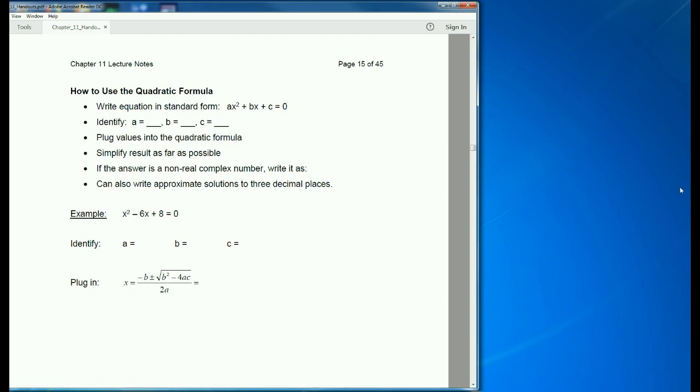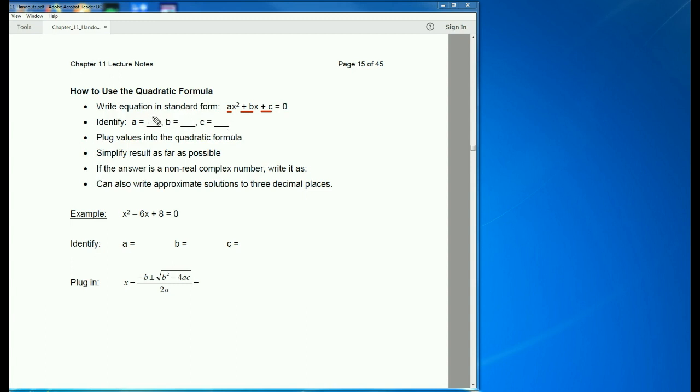How to use the quadratic formula. So again, you have to start with your equation in standard form. And remember, we want a to be positive. Okay, so you've got ax squared plus bx plus c. Identify what those numbers are, the a, the b, and the c, just whatever those numbers are.